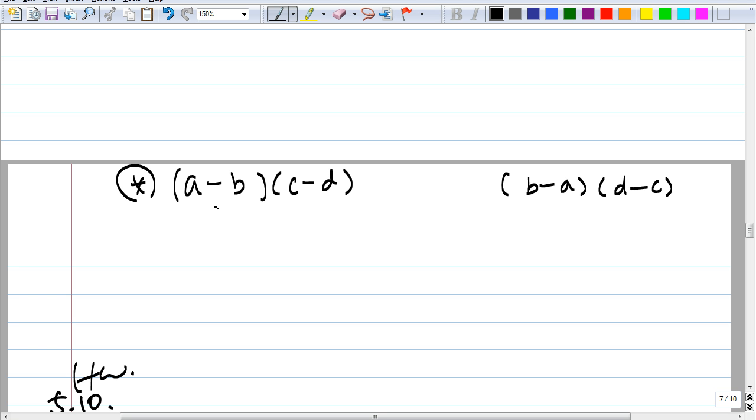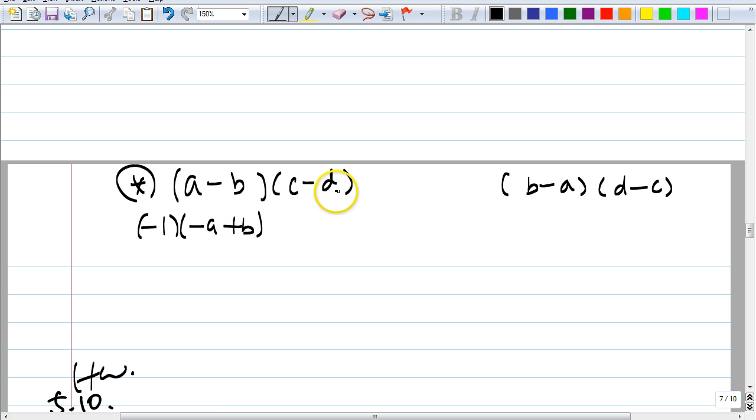Because before I go over the homework, I want to. Victor? Yes, they're factoring out -1 from both of these binomials. In other words, what's -1 times what gives you a minus b, guys? Negative a plus b. Would you agree?